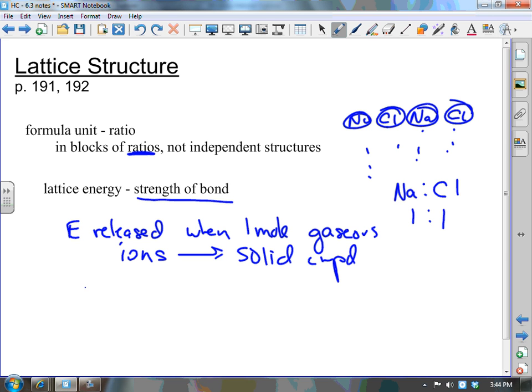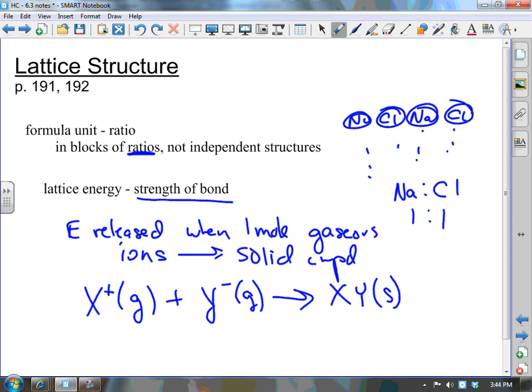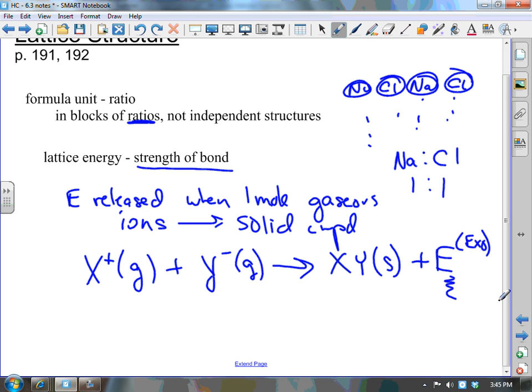So if we have a positive ion that's a gas, react it with a negative ion that's a gas, and they form a solid compound, energy is released. So energy is released, exothermic. That's all we're going to talk about lattice structure and lattice energy until we get into bond energy.